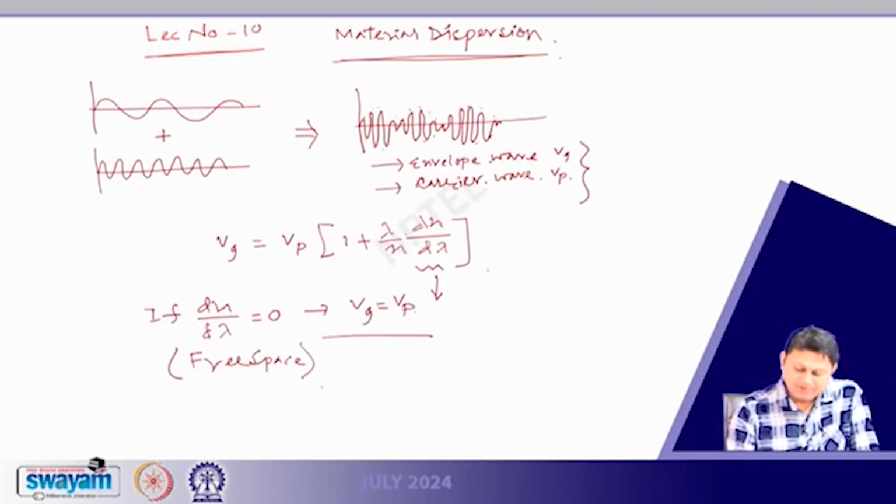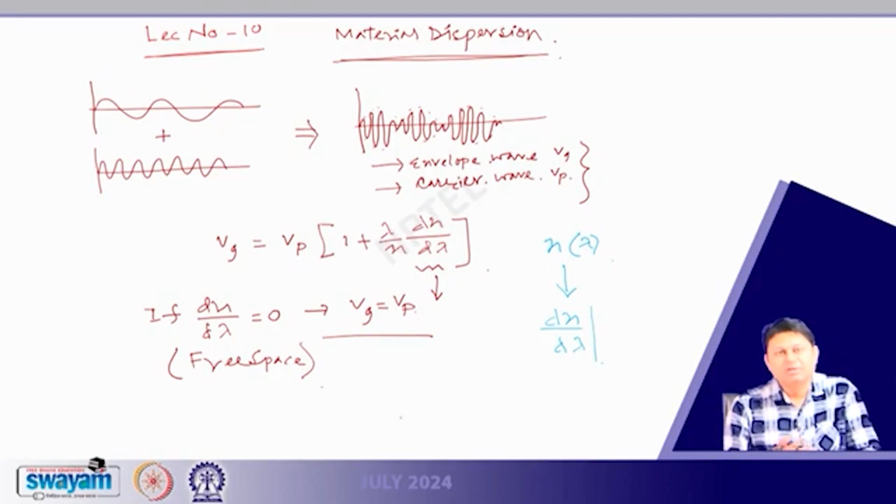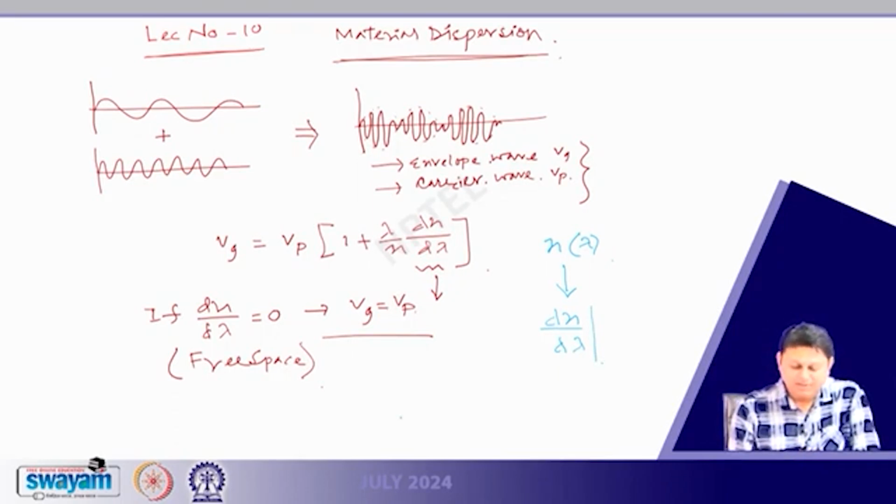So if we manage to get n as a function of lambda, then we can find the derivative of n with respect to lambda, and once we know it for a given lambda, then in principle we are in a position to find the group velocity of the system.